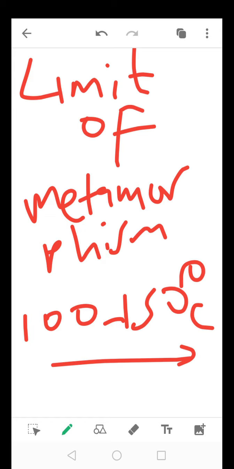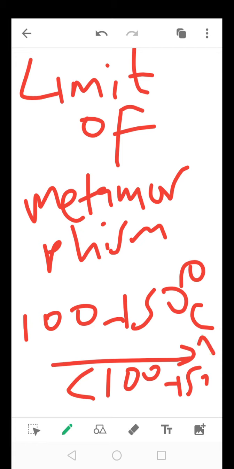Why is that the case? Because in these conditions, metamorphism begins in this range. Metamorphism begins for the more unstable types of parent rocks or protoliths. Should the rocks form below the 100 to 150 range, we would be talking about diagenesis, so we will be talking about sedimentary rocks.